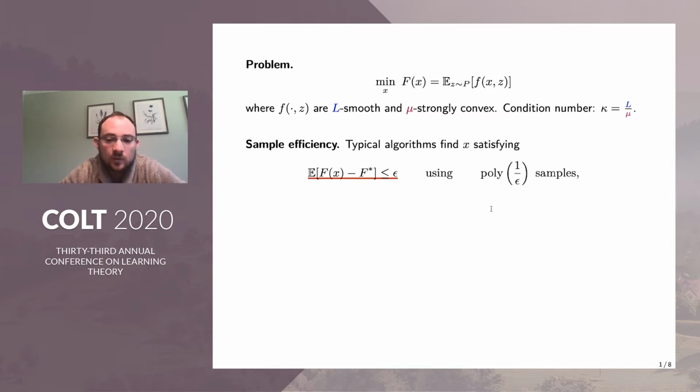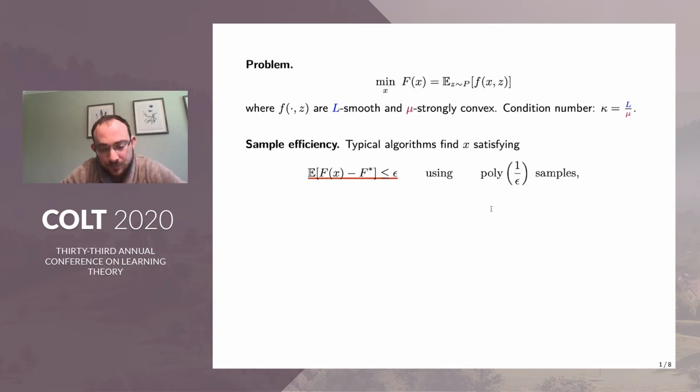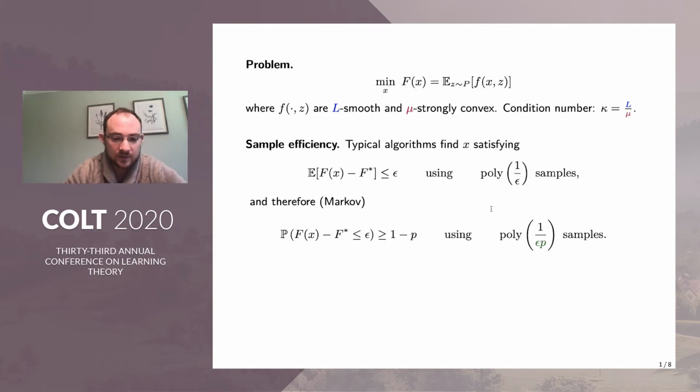It scales polynomially in 1 over epsilon under various further assumptions on the loss. And so the question we want to ask is, under what conditions can we take such a generic procedure and boost the expectation bounds to high probability guarantees, and what's the number of samples that are necessary?